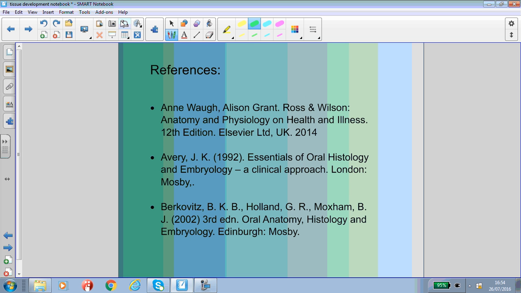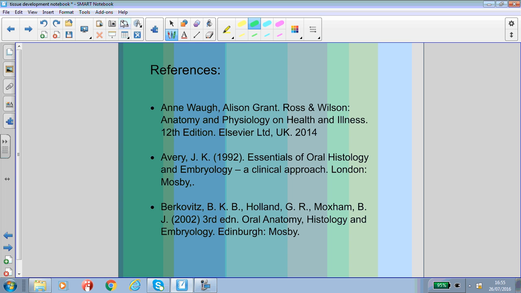I've put some references there for you. Obviously, there's the Ross and Wilson textbook. The other two, the Avery and Berkovitz books, are not available as ebooks, unfortunately, but there are books available on each site, and they are quite useful just to have a read of the section about embryology and tissue types. Avery was particularly good for tissue types.